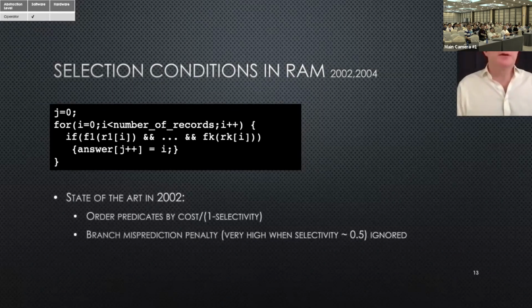However, that work didn't take into account the fact that there's quite a high branch misprediction penalty. And this penalty is very high when the selectivity is close to 0.5. And so this simple heuristic is not going to work when we have branch misprediction penalties of this kind.